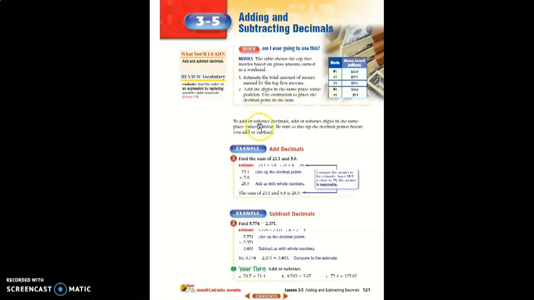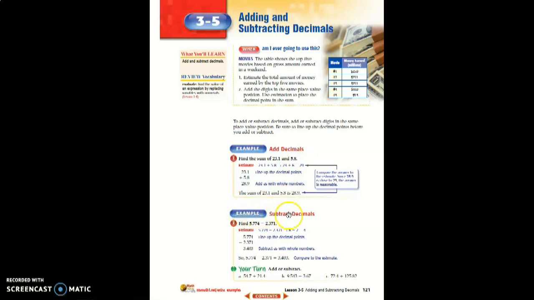To add or subtract decimals, add or subtract digits in the same place value position. Be sure to line up the decimal points before you add or subtract. Example: add decimals. Find the sum of 23.1 and 5.8.